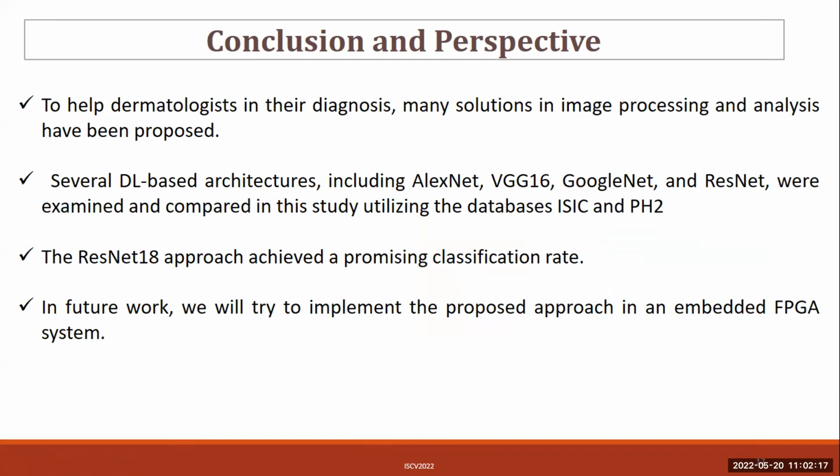Several deep learning-based architectures, including AlexNet, VGG, GoogleNet, and ResNet were examined and compared in this study using the 2 databases, ISIC and PH2. The ResNet 18 approach achieved a promising classification rate.